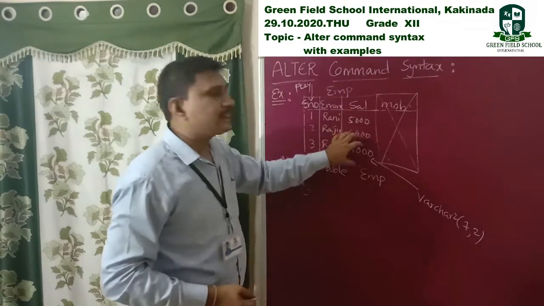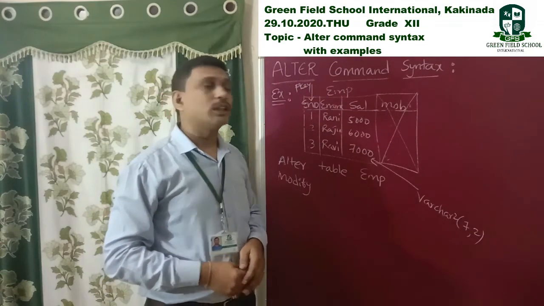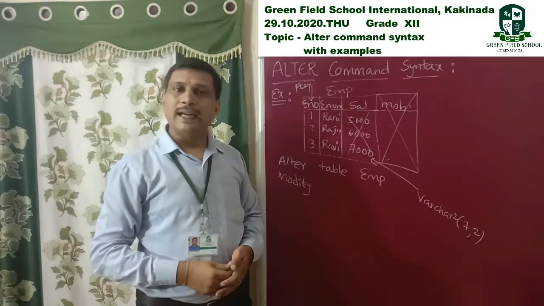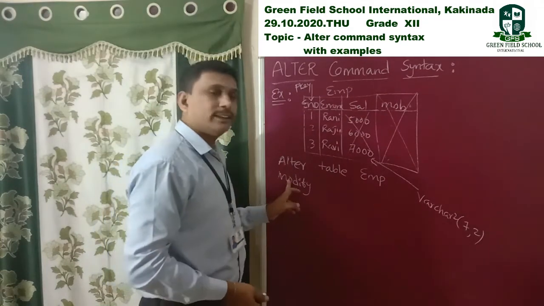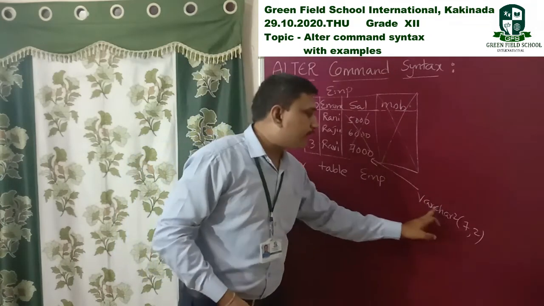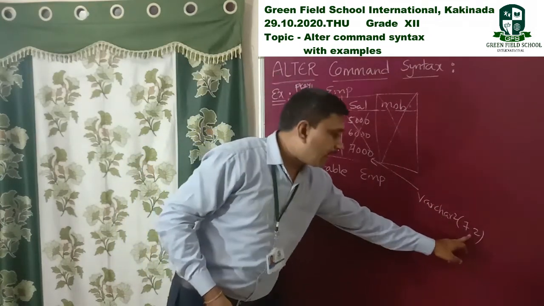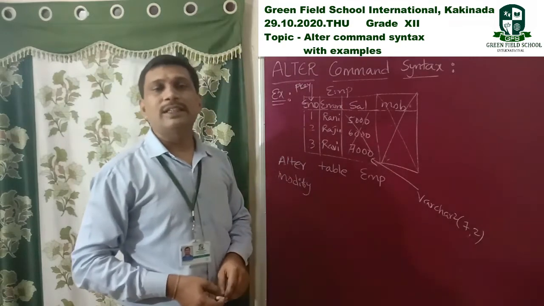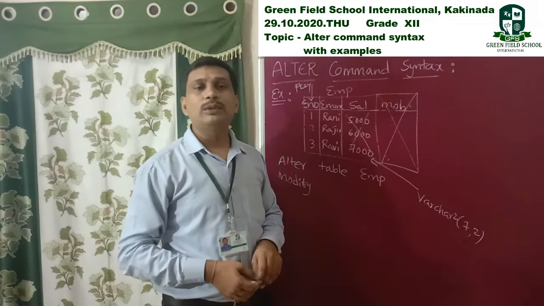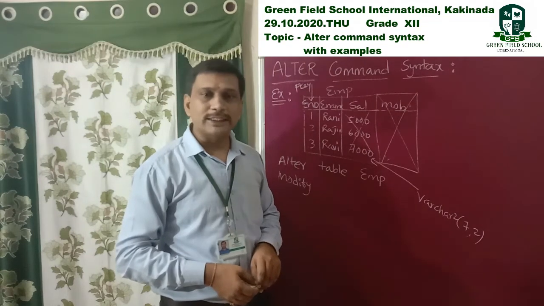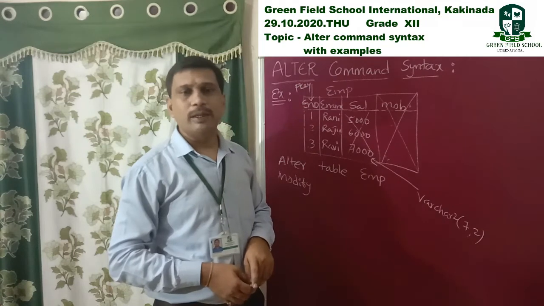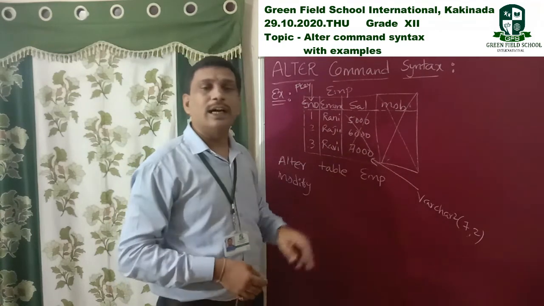We change the data type or size. First we remove this. Suppose this column doesn't have any data, then we modify the data type or size of the data type. Otherwise we cannot do that work. First we remove this data from this table for this particular column.